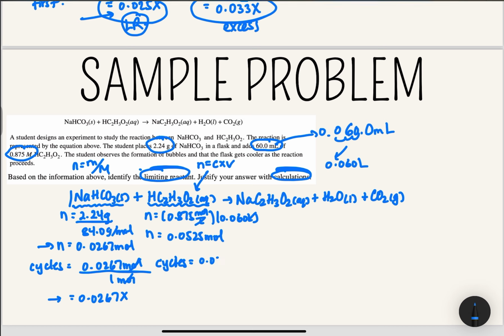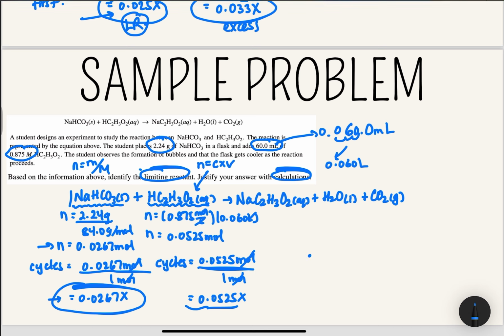It'll be 0.0525 mole divided by 1, and this will give me cycles of 0.0525 times. So again, what did I say before? We have to look for the smaller cycles. As you can see, the sodium bicarbonate has a smaller number than the cycles over here. So my sodium bicarbonate will run out first.